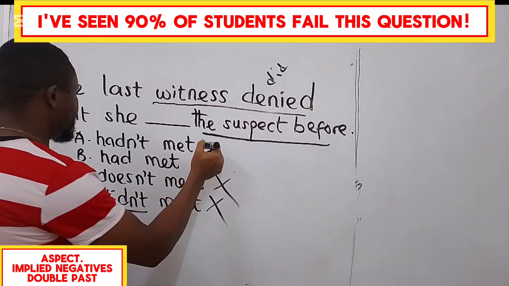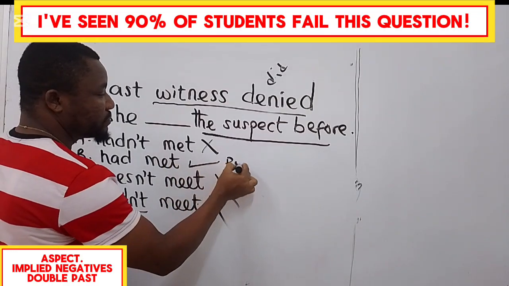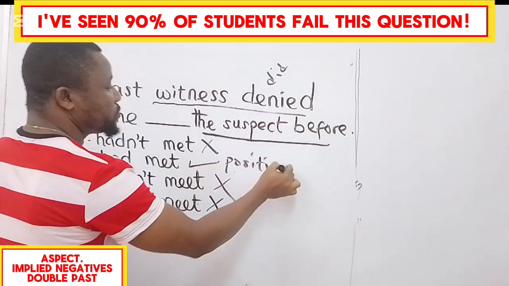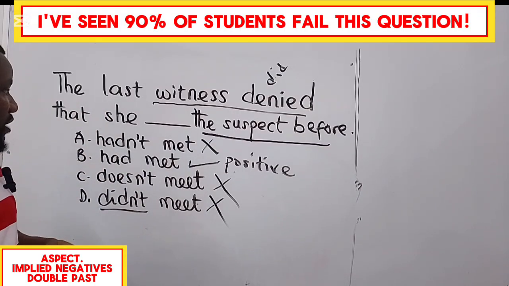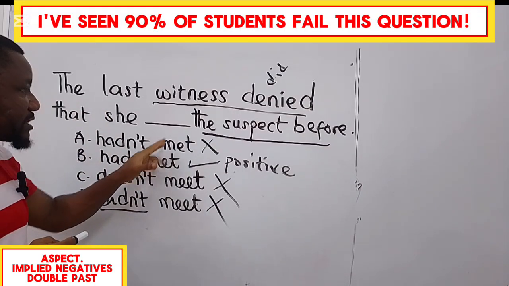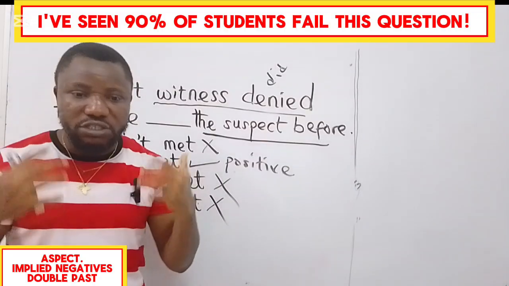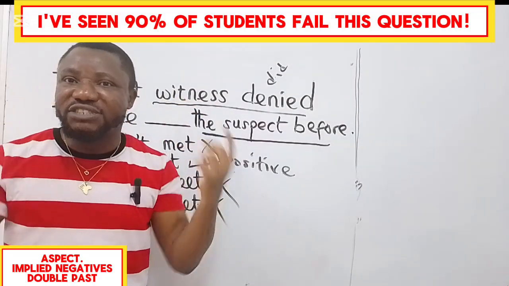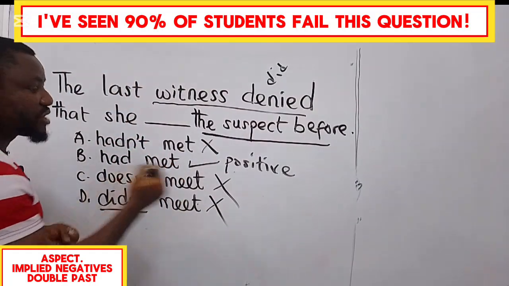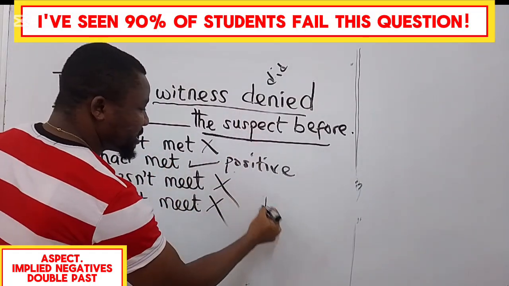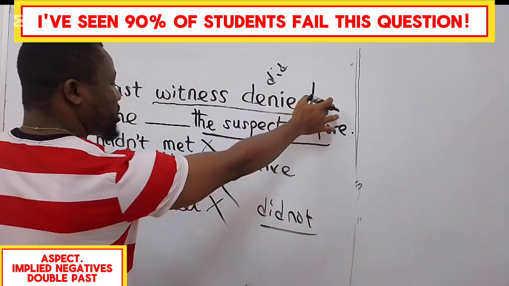Of course you know that hadn't met is negative and had met is positive. Now, what happens if you say the last witness denied that she hadn't met the suspect before? It sounds somewhat naturally pleasant to the ear, but that is grammatically wrong. Why? Denied simply means did not, or didn't.